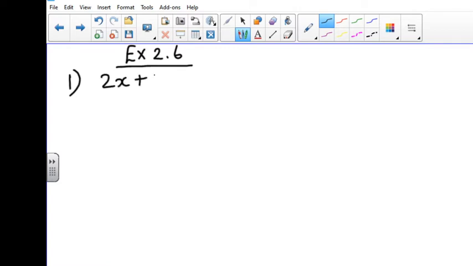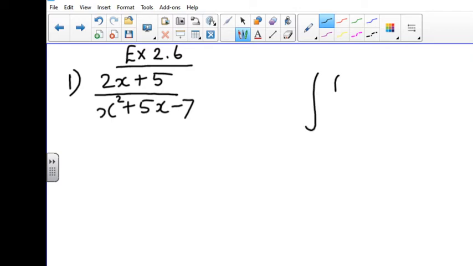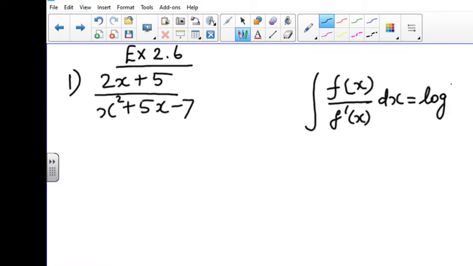Problem number 1. Integral of 2x plus 5 divided by x square plus 5x minus 7. Now you can see the differentiation of the denominator. What is the differentiation of x square plus 5x? It is 2x plus 5. So, the differentiation of the denominator is in the numerator. So, we are going to apply the formula integral of f dash of x divided by f of x dx is equal to log of modulus of f of x plus c.